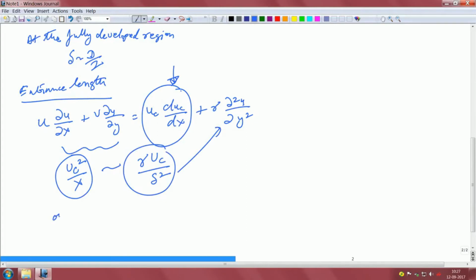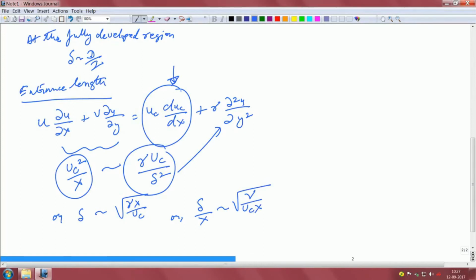So, this gives you delta scales as gamma x by Uc, or delta square scales as gamma x by Uc. That is what you get out of this.